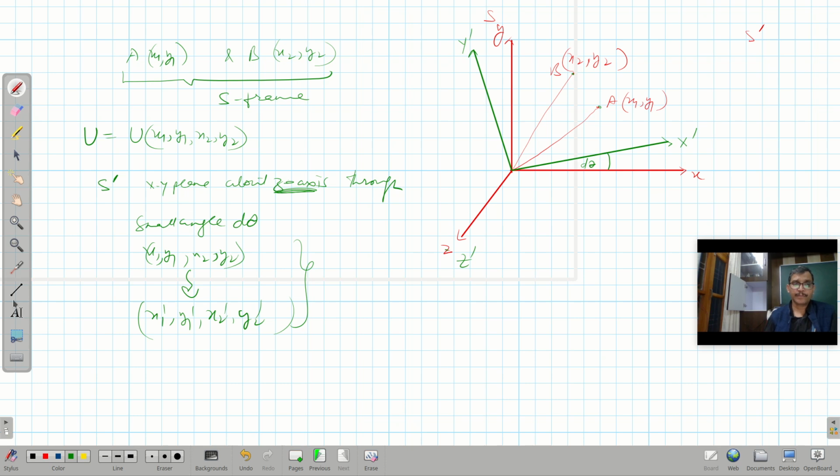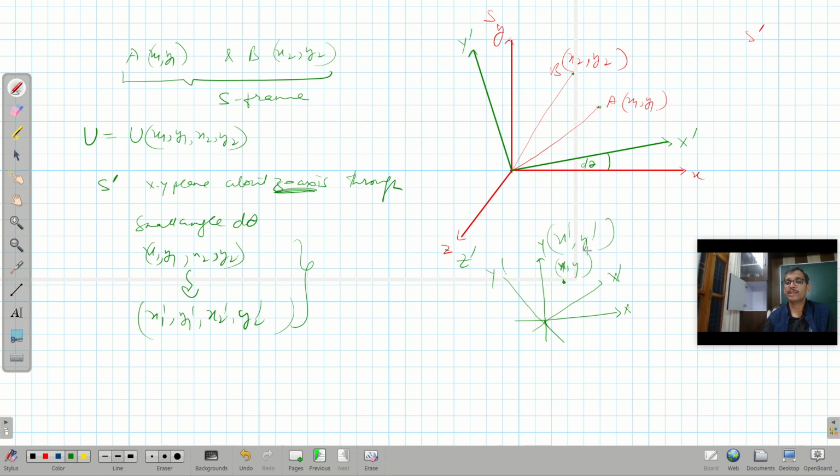if I recall the earlier lectures, say we have the x-axis and the y-axis, and the x prime axis and the y prime axis, and there is some point represented by x and y in one frame of reference.